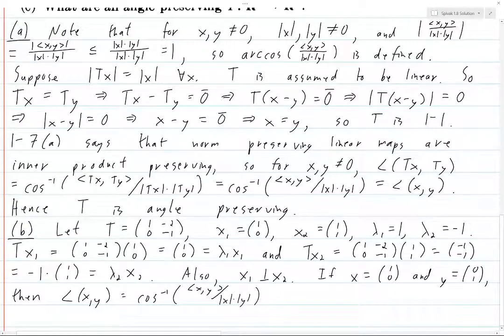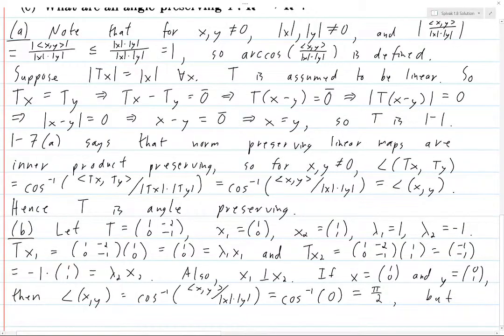Norm of x and norm of y are both 1, so the denominator is 1. And the numerator, the inner product of x and y, is 0. So this is just cosine inverse of 0, and by the unit circle, you know that the cosine of pi over 2 is 0. So cosine inverse of 0 is pi over 2.